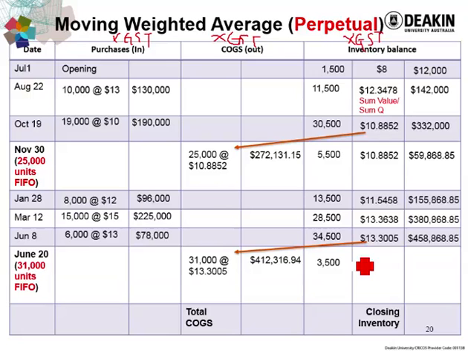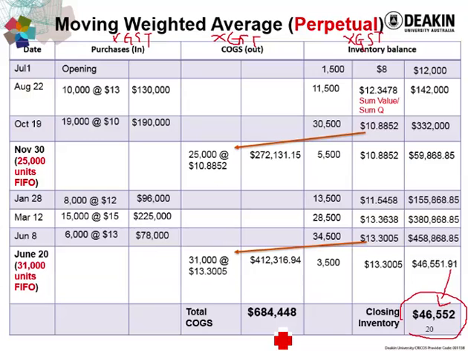And this will leave us with 3,500 units at $13.3005 for the closing inventory. So in this case, our closing inventory is 46,552 and our cost of goods sold is 684,448 when you sum up the middle column figures.